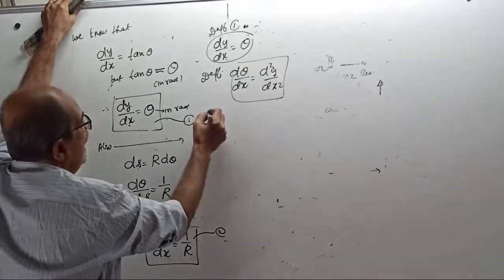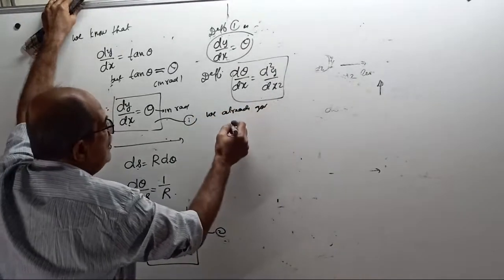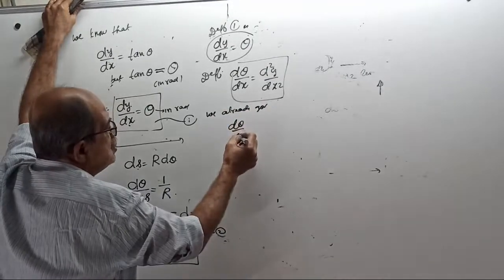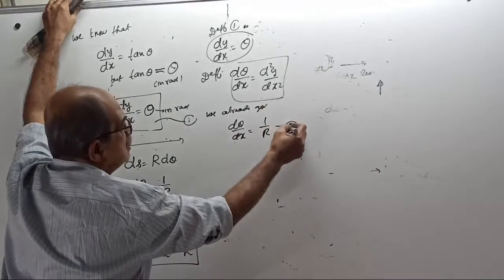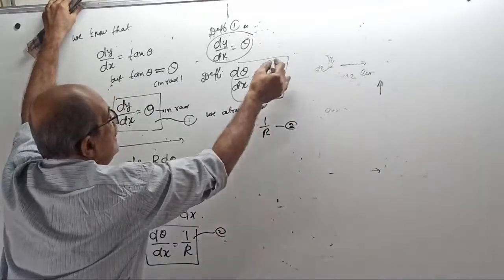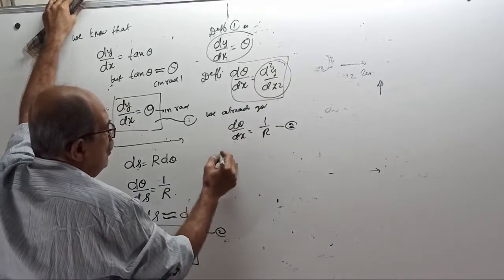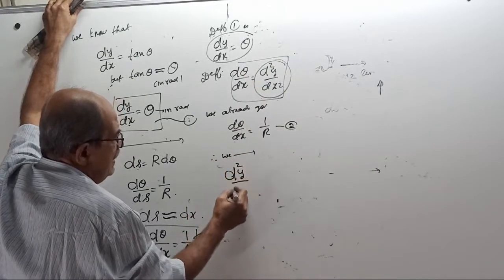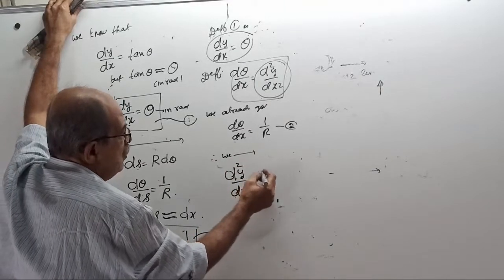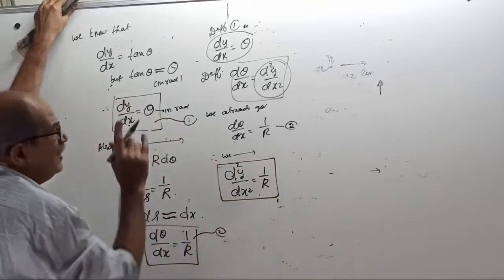But we already got d theta by dx equals 1 by r, that is equation number 2. Therefore, d square y by dx square equals 1 by r. Fully clear? Very simple.